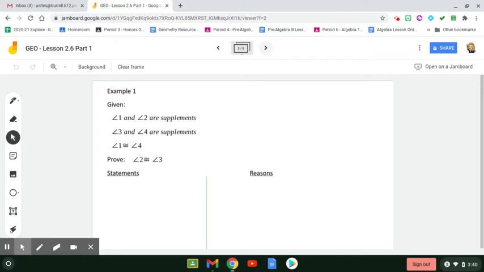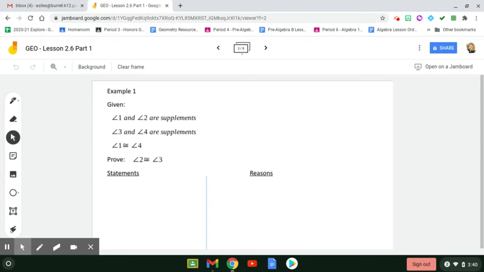All right, if we take a look at our first example, we're going to be given some things we know about some angles, and then we have to make a statement about these angles. We don't necessarily have a picture, but we can always draw one for some of these problems.